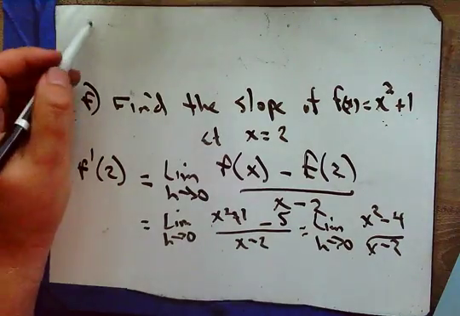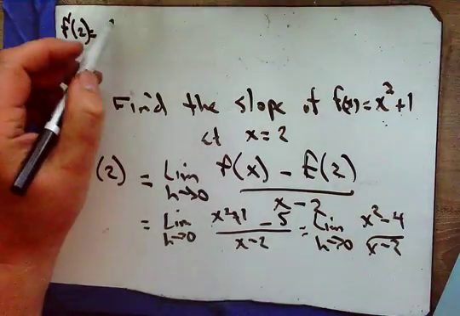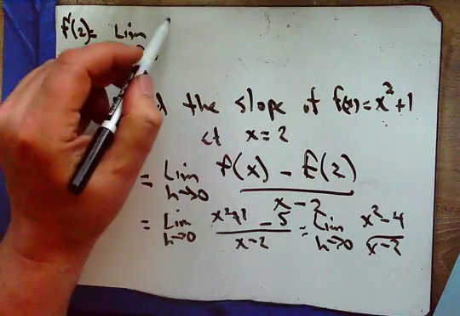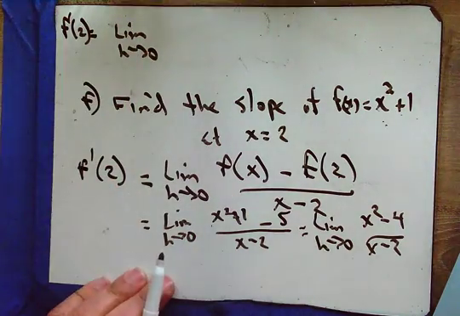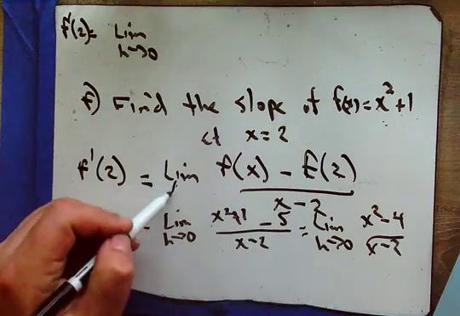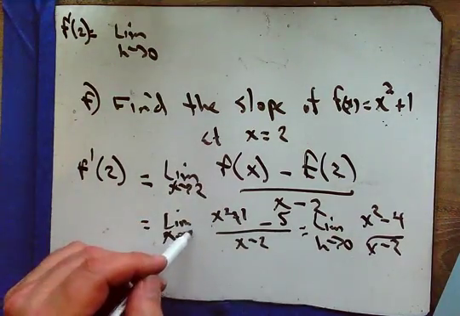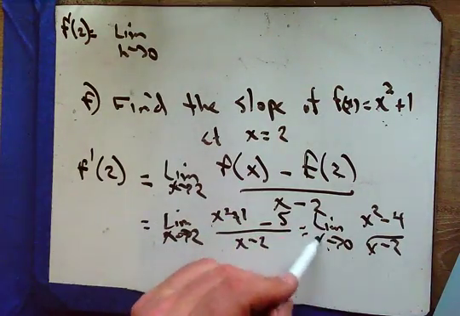And now we see that f prime of 2 is going to be the limit as, no, I've combined two different ones, I'm sorry. X approaches 2, and over here, x approaches 2.